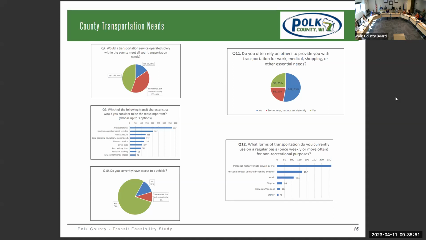Do you rely on anyone else for transportation? Almost half of the people said that sometimes or all the time they rely on others for transportation. So even if they have access to a vehicle, it's not a vehicle that they control all the access to for about half the year, or they don't feel comfortable driving themselves.